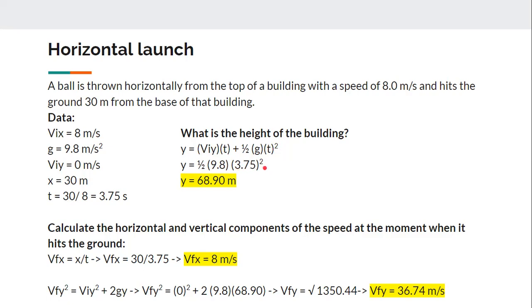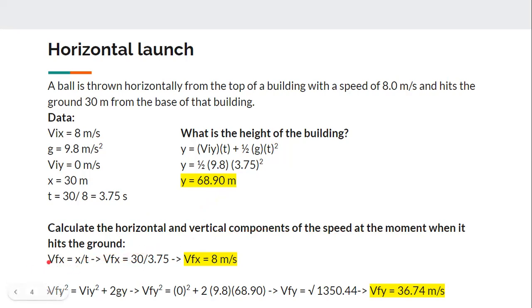And if we use our calculator, we know that the height of the building is 68.90 meters. Now with this information, we can get the horizontal and vertical components of the speed at the moment when it hits the ground.